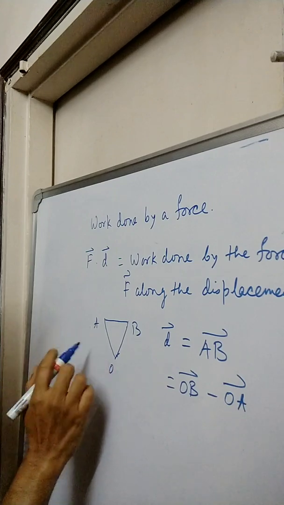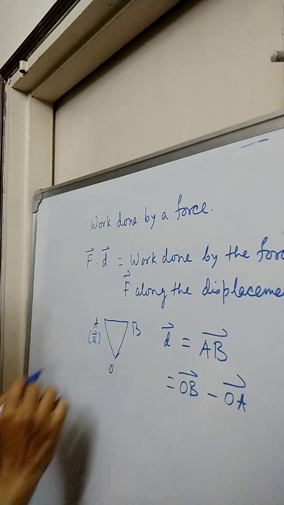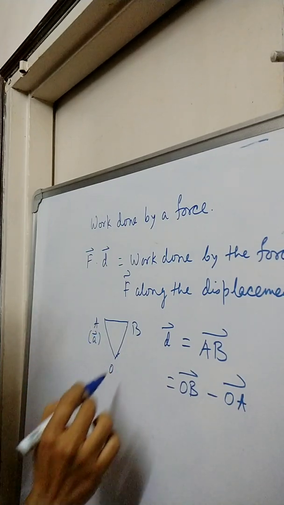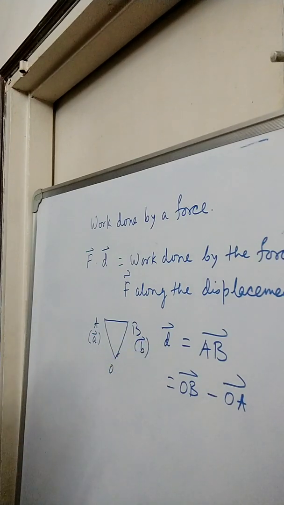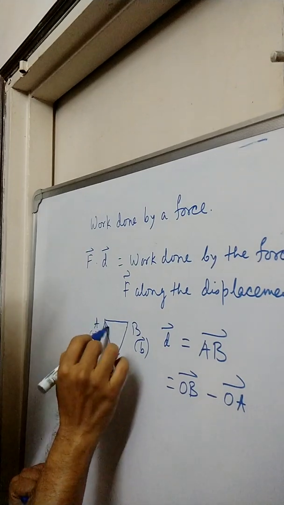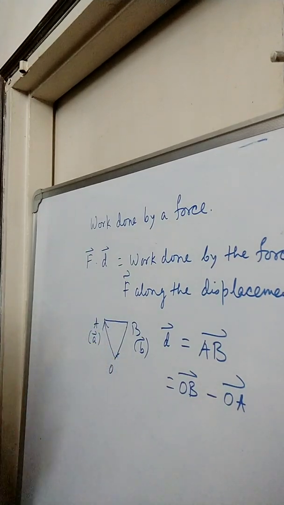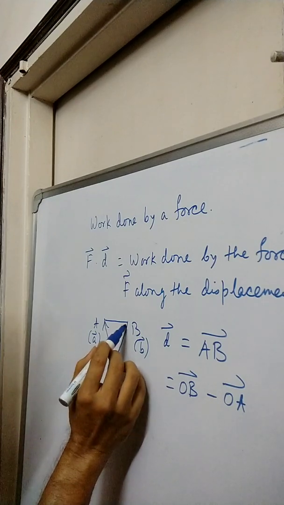So, what is the position vector of A? Let us write small a. And what is the position vector of the point B? Let us write small b. So, OA is the position vector of the point A and OB is the position vector of the point capital B. Small b is the position vector of the point capital B.